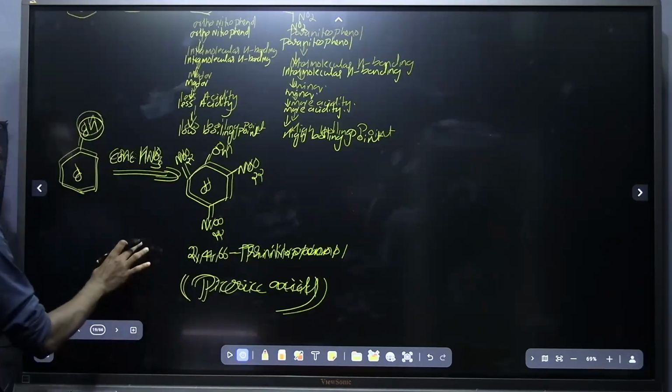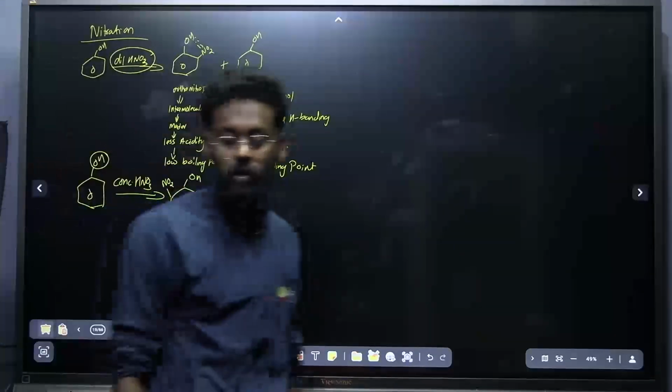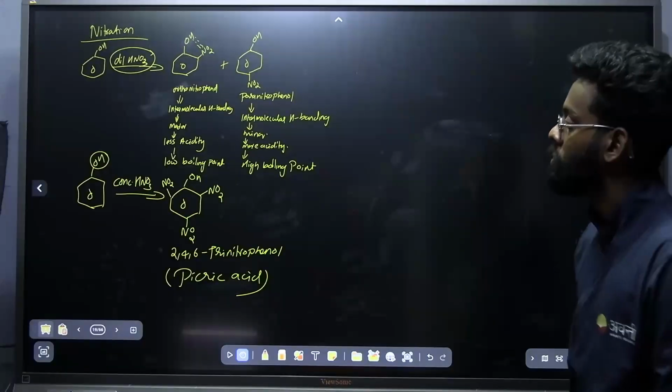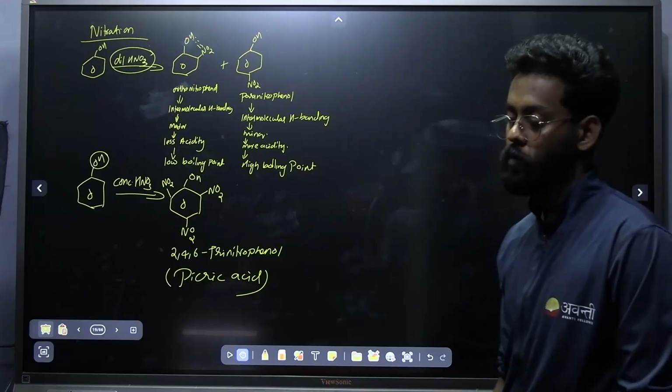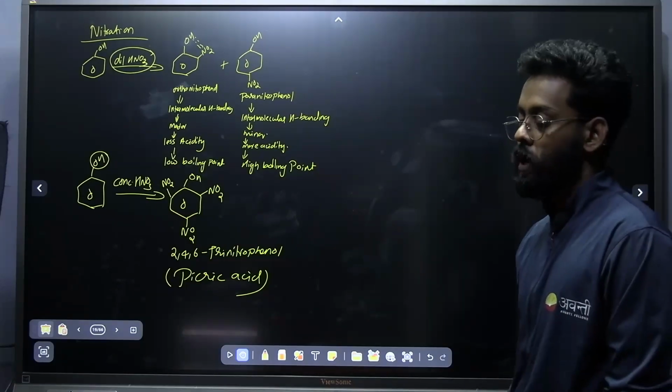Note down this point: in presence of dilute HNO3, we will be getting mono nitro product. In the case of concentrated HNO3, we will be getting trinitrophenol. This is an important point you have to note down in the case of nitration of phenol.